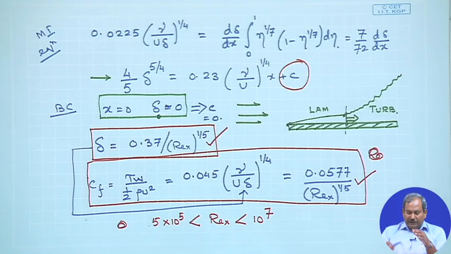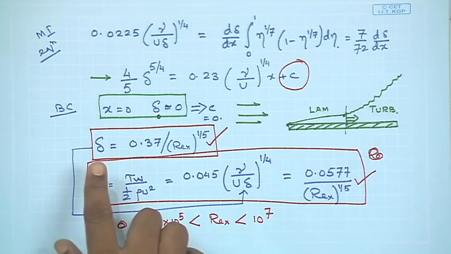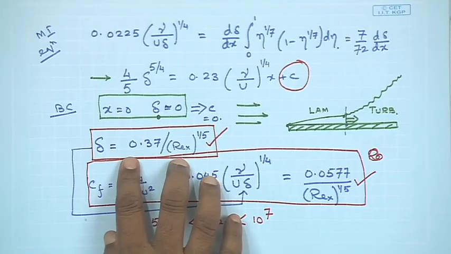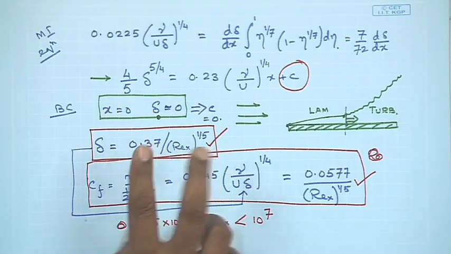The important point here is not only that we have obtained two expressions quite easily using certain approximations which we are aware of, for delta and Cf, but the proof of the utility of these two expressions would be when you compare them with the experimental data.